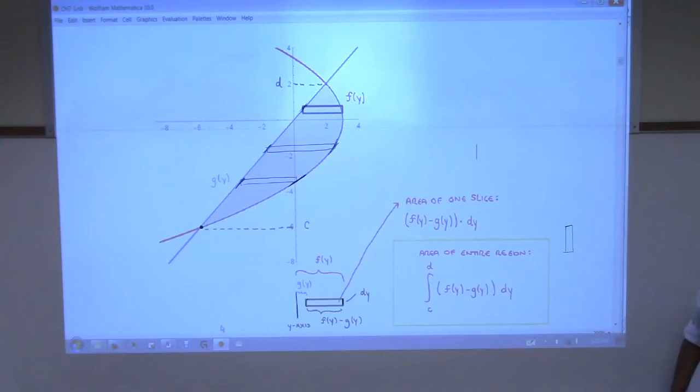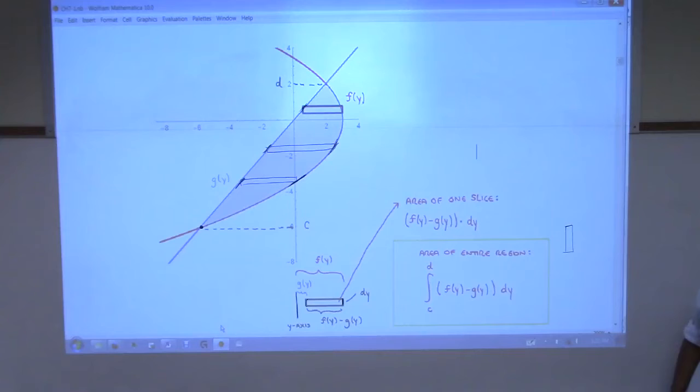But what about if we have things that are not functions of x? Instead, we have things that are functions of y. Well, this is kind of the big change today: we want to extend what we know already into a different scenario.